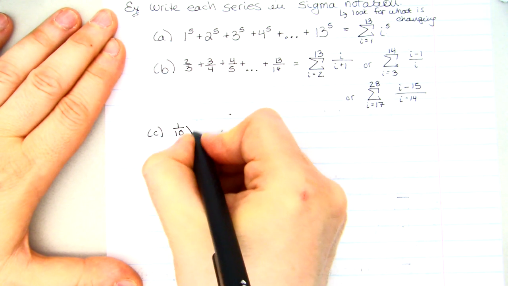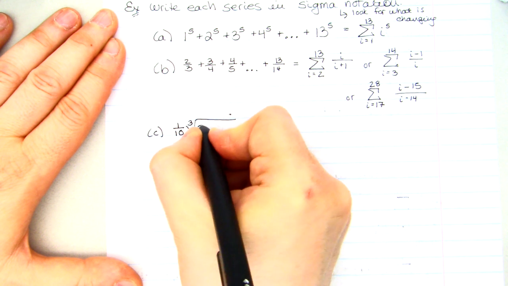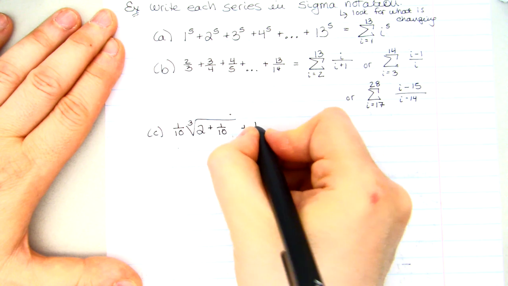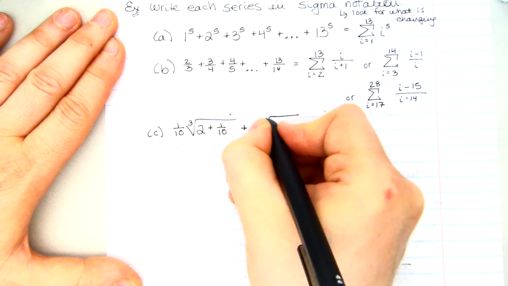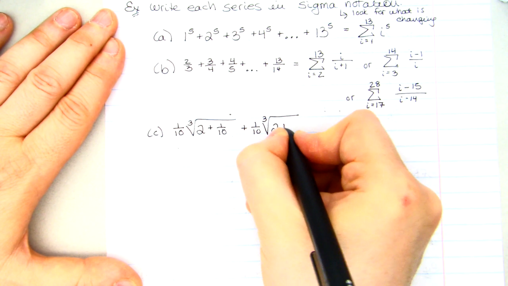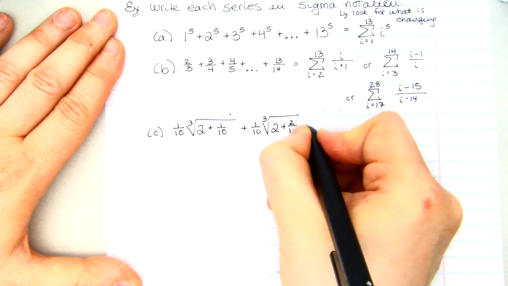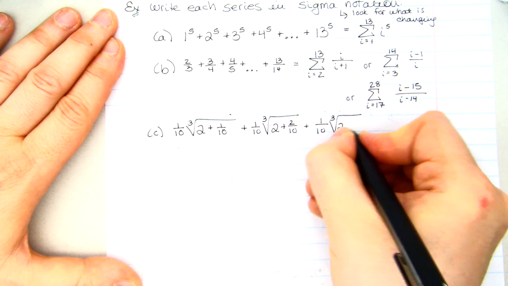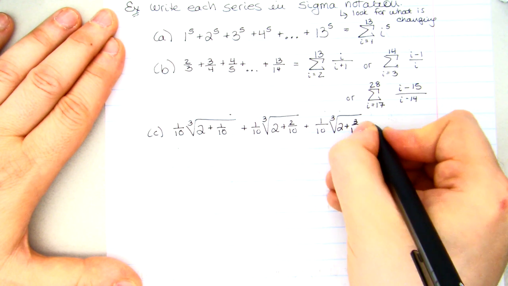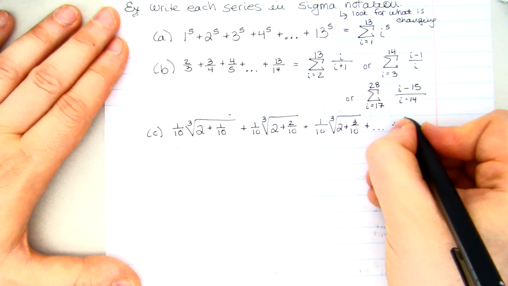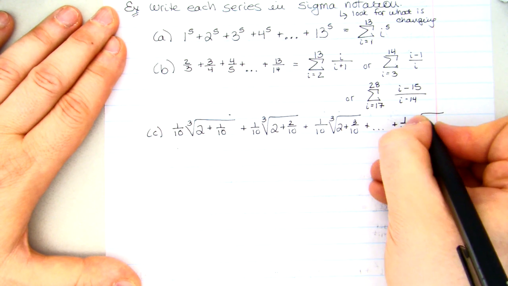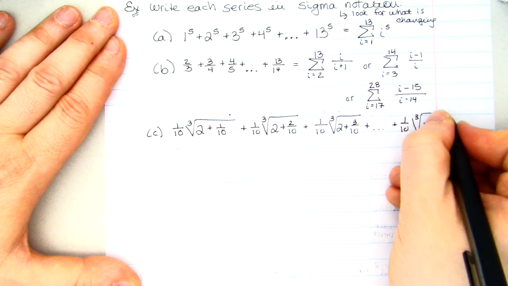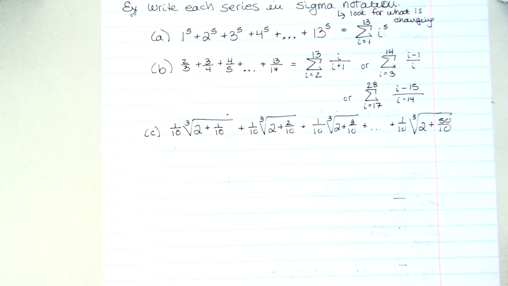Let's do 1/10 times the cube root of 2 plus 1/10, plus 1/10 times the cube root of 2 plus 2/10, plus 1/10 times the cube root of 2 plus 3/10, plus ... 1/10 times the cube root of 2 plus 50/10. Can you please go write that in sigma notation?